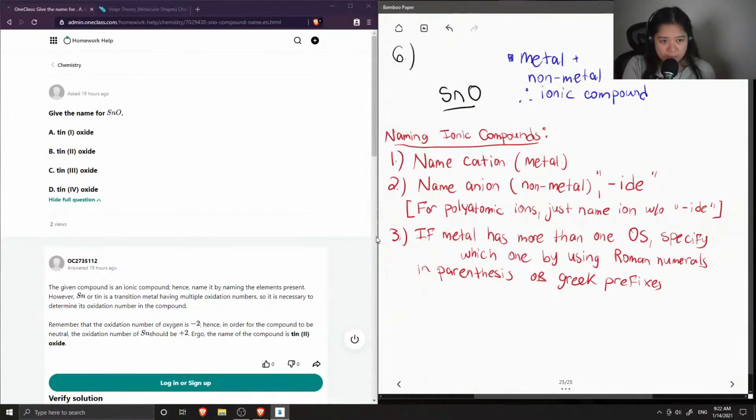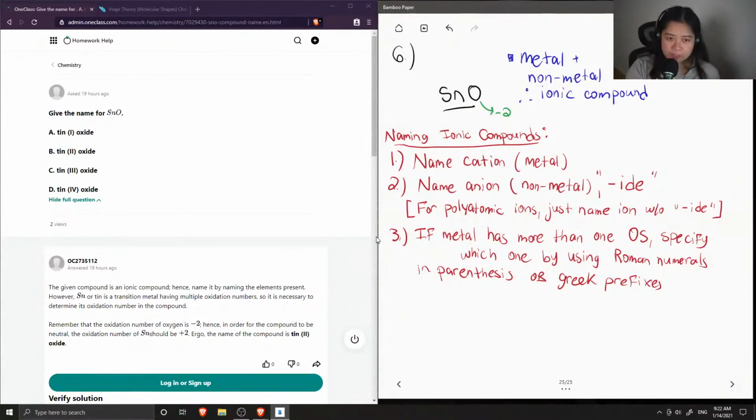So for example, oxygen usually has an oxidation state of -2, with the exception if it was in a peroxide, but in this case it's not. So oxygen has an oxidation number of -2.